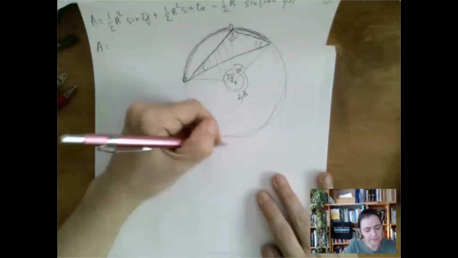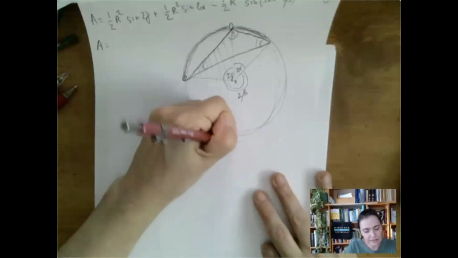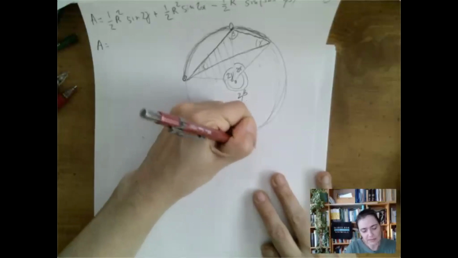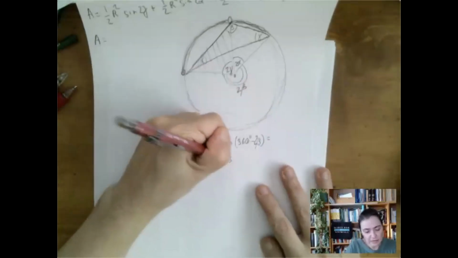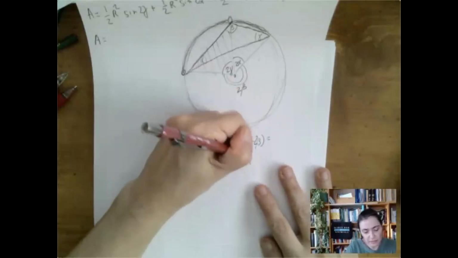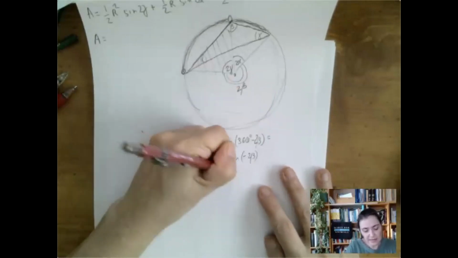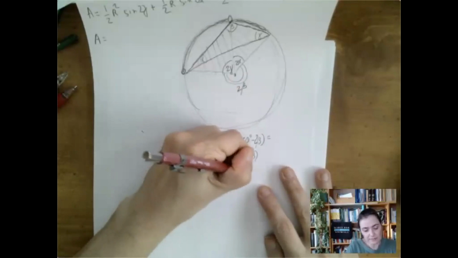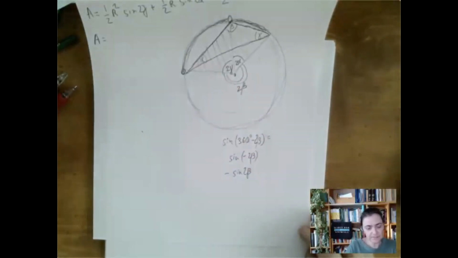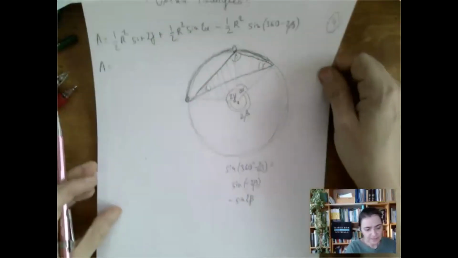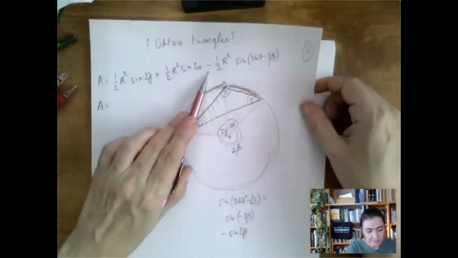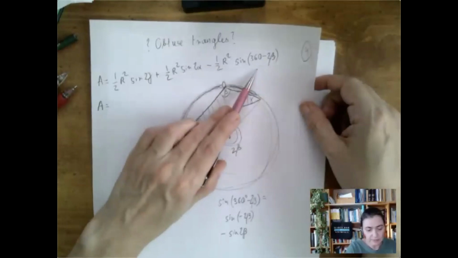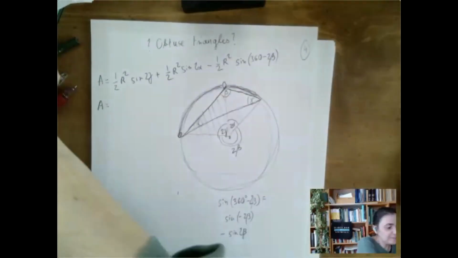Sine of 360 minus 2 beta is the same as sine of minus 2 beta because they're coterminal. And that's the same as minus sine of 2 beta. And so if we simplify it, we get the same formula back. This minus will become a plus, and this will just become 2 beta. So we get back this formula.